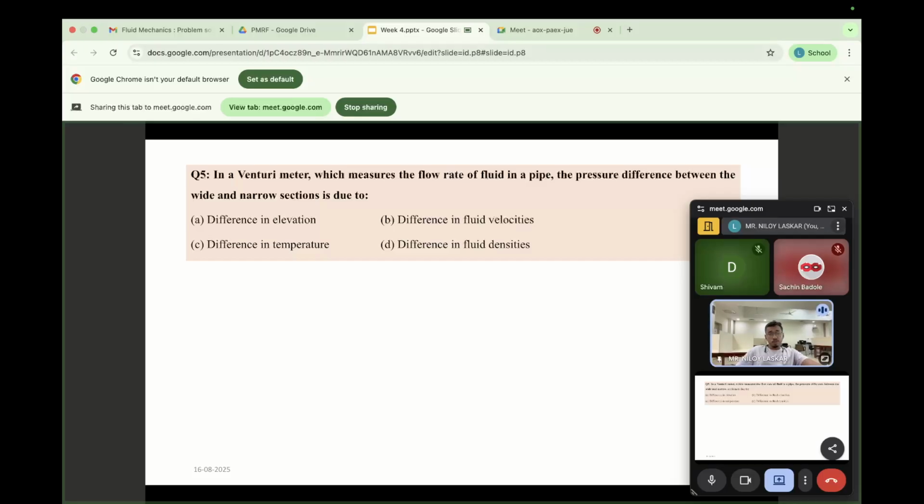This is also based on the concept of the Bernoulli equation. The question says that in a venturimeter, which measures the flow rate of a fluid in a pipe, the pressure difference between the wide and the narrow section is due to one of four options. In a venturimeter this type of arrangement is there, with point 1 and point 2. The pressure difference between 1 and 2 is due to what?